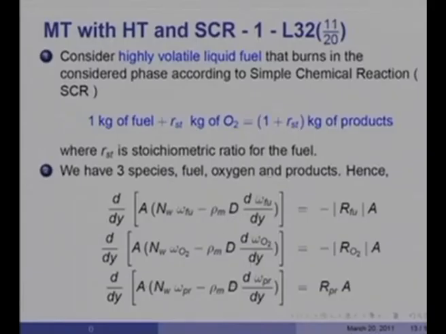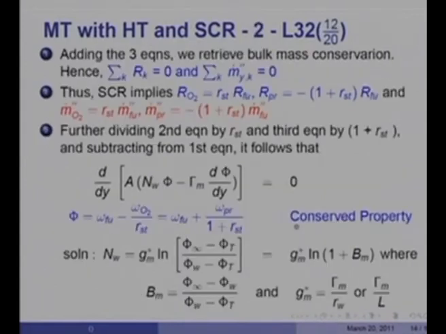0. So, the sum of all the diffusion fluxes would add to 0, and therefore, you will be having A n_w d by dy of n_w into the sum of all these quantities, and therefore, the sum of the R_k must also be equal to 0, because of the bulk mass conservation.